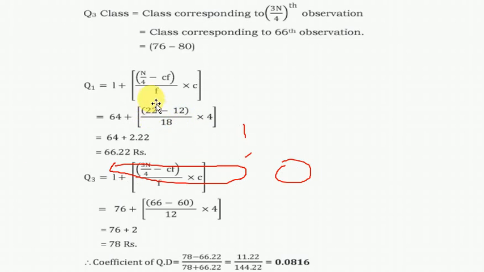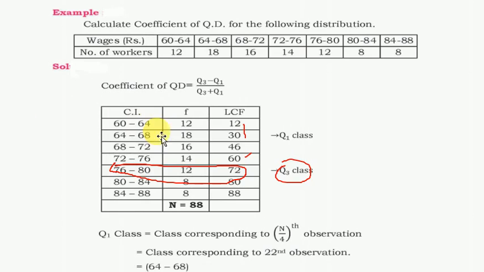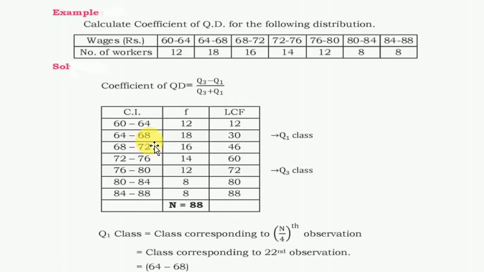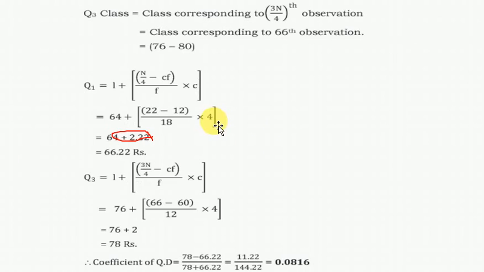So 22, 88 divided by 4 is 22, divided by 18, that is the frequency. So now in this case we are given the CF observation. So then we're going to have this here, into 4. So what is the class interval in this particular class? Exactly in this particular class it is 4. So now the class interval C is 4.